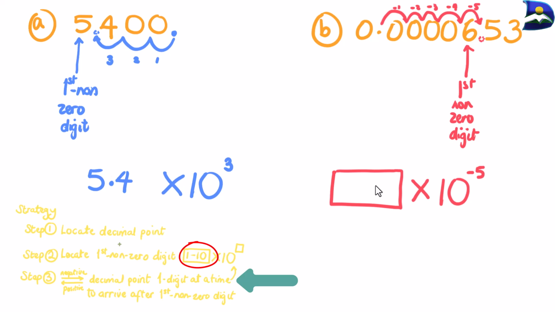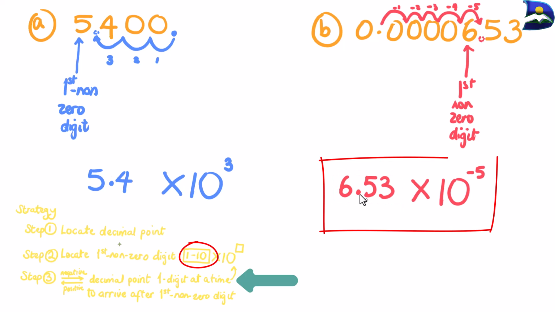Therefore, we're going to start with 6, and then you have your 0.53, and this here is our final answer. 6.53 times 10 to the power of -5, and this is the scientific notation for this question that was given.